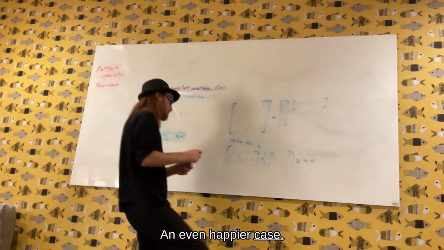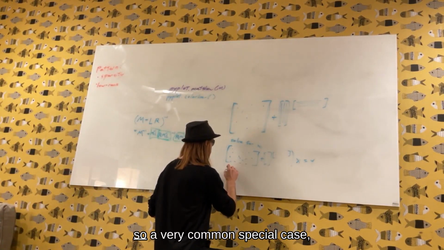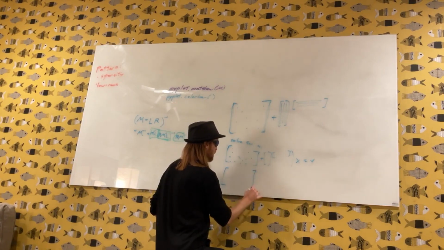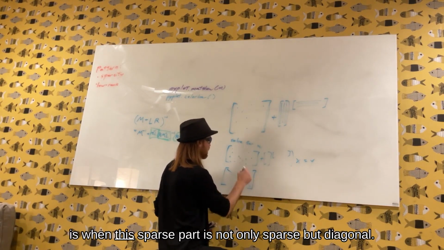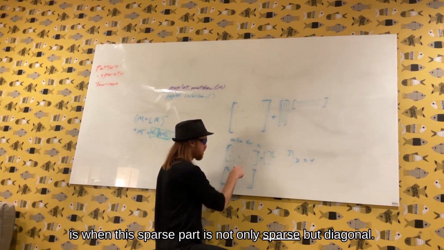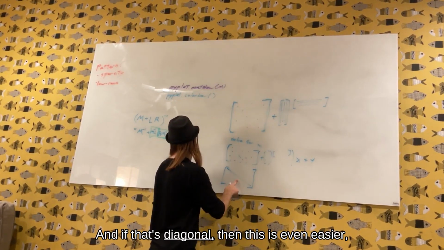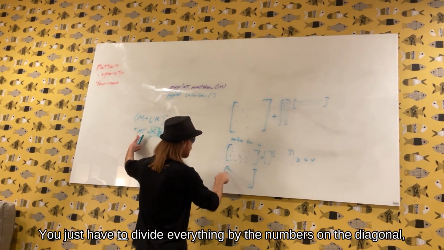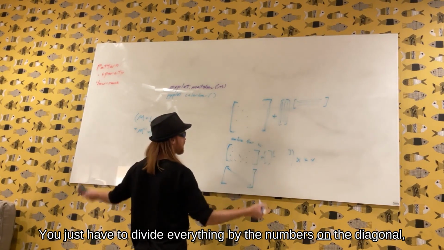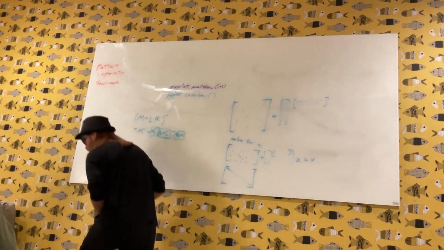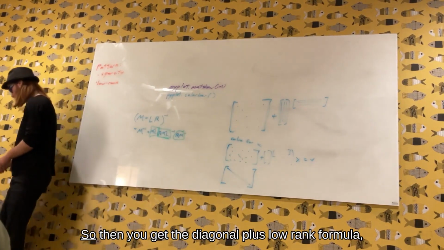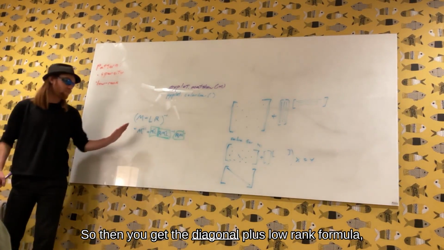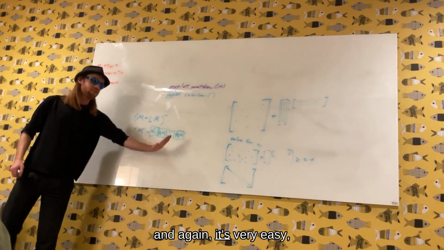An even happier case, a very common special case, is when this sparse part is not only sparse but diagonal. And if that's diagonal, then this is even easier because M inverse is trivial, right? You just have to divide everything by the numbers on the diagonal, and we're done. Great. So then you get the diagonal plus low rank formula, and again, it's very easy.